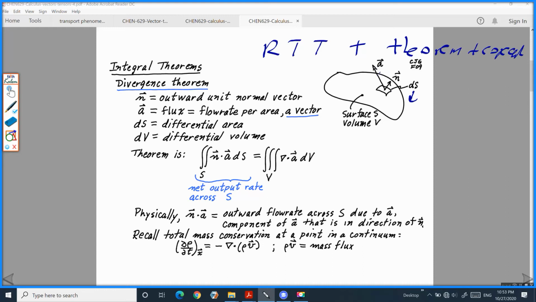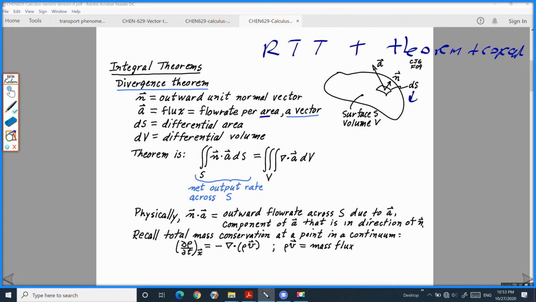This shows the flux vector inside of your body, and this shows the normal vector. The normal vector always is perpendicular to the surface area, and your flow per area is given by the vector a, ds differential area and differential volume.